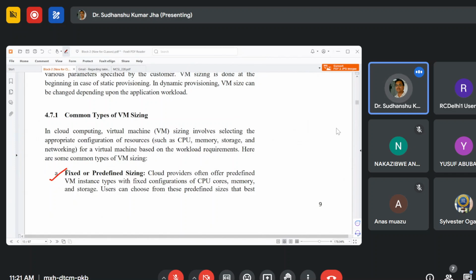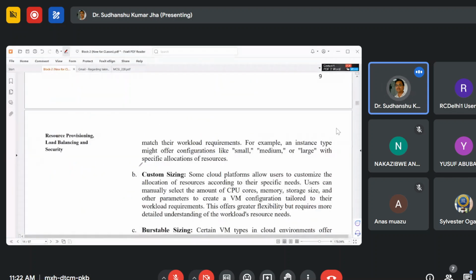It is a very simple approach, and in the beginning you are allocating a fixed amount of VM to the particular customer. So very simple. You can easily guess what would be the merit and the demerit of this approach.